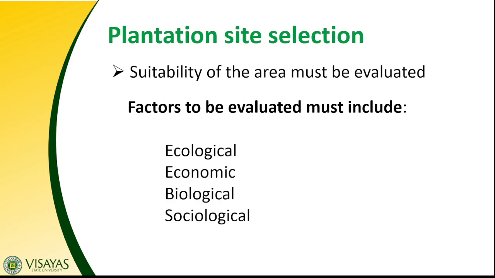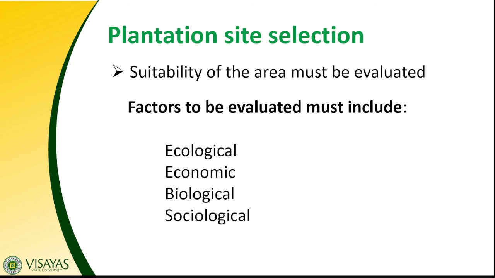Okay, the plantation site selection: we should consider the suitability of the area. The area must be evaluated in terms of these aspects: ecological, economic, biological, and sociological. Ecological pertains to the environment, and economic to the commercial or financial aspect of this production, whether there is profit out of this production venture.